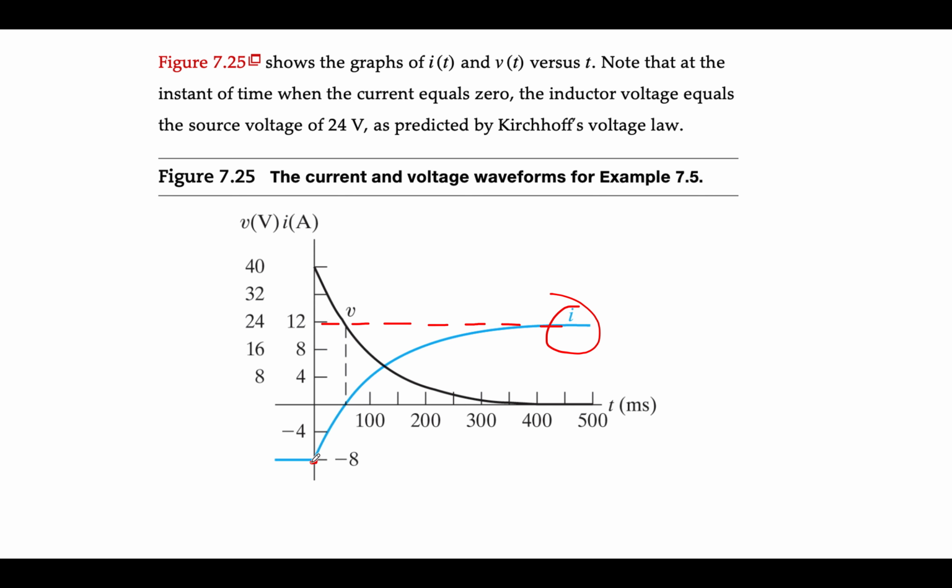So if you look at this as a beginning point and this as an ending point, you're about 63% of the way there at one time constant, and then you're another 0.68 after the next time constant. So you're going from your beginning point to your ending point as defined by your exponential time constant, which means that after 3 to 5 time constants, you have, for all practical purposes, approached a constant here at 12 amps.